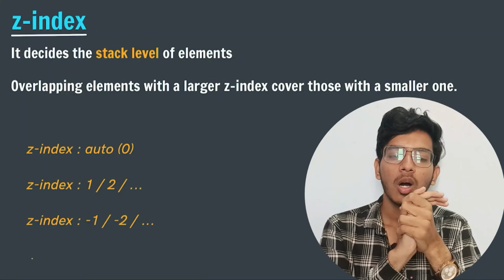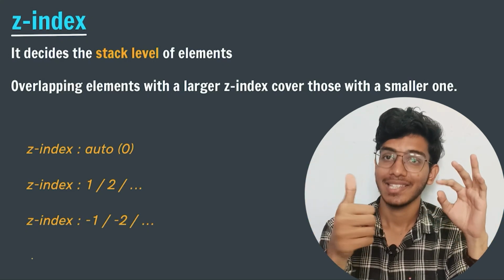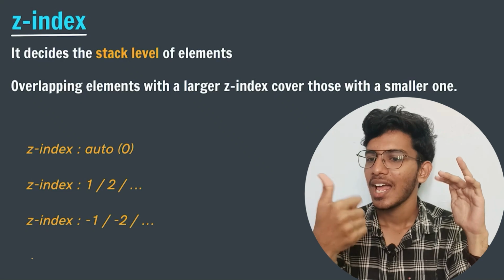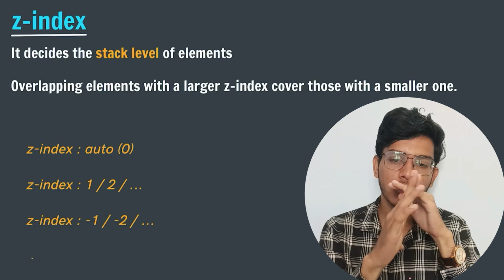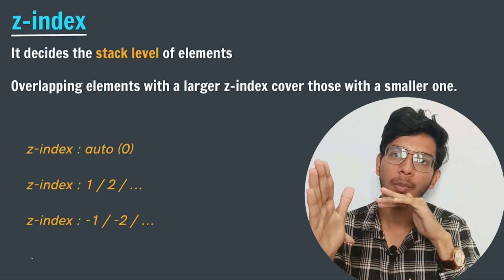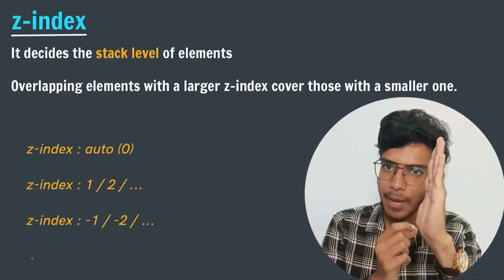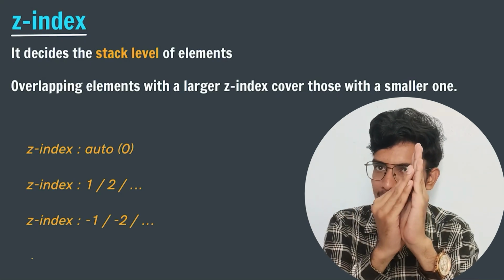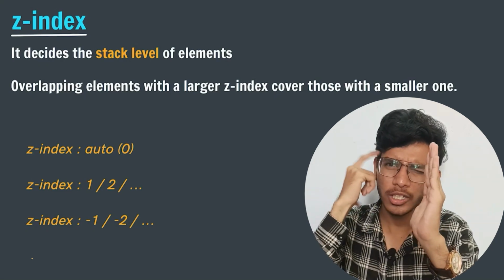So the last concept of this session is z-index. This is a very simple and important concept. z-index is used to move elements in a 3D format. Let's say this is my web page, and I have an element on my web page, something like this. This is my z-axis, I want you to imagine this.